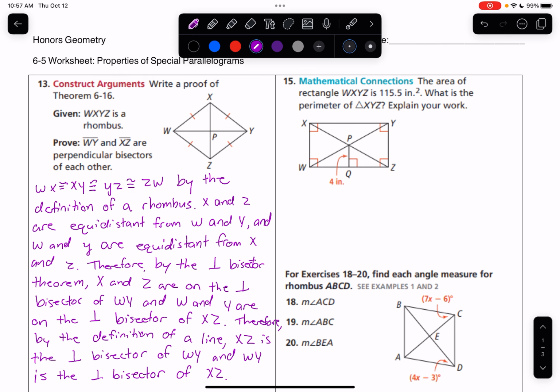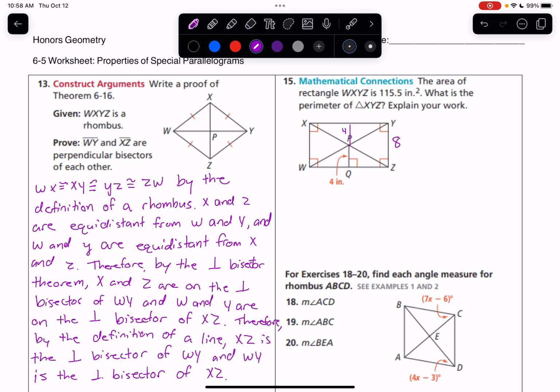Coming up here, the area of this rectangle is 115.5. What is the perimeter of the rectangle? Explain your work. Let's see how we can do this one here. So we know that PQ is 4 inches, which means, of course, that we know that this side as well, from the center to the edge, is also 4 inches, which means that the entire height of the rectangle is 8 inches.